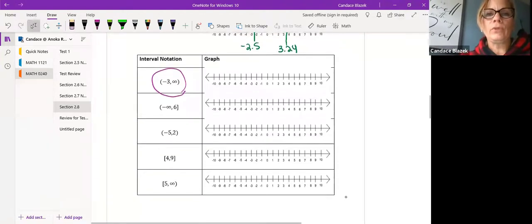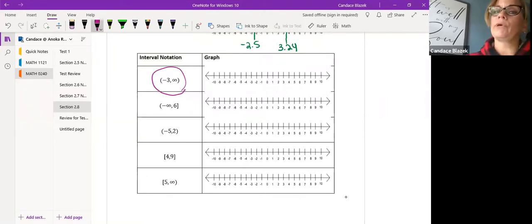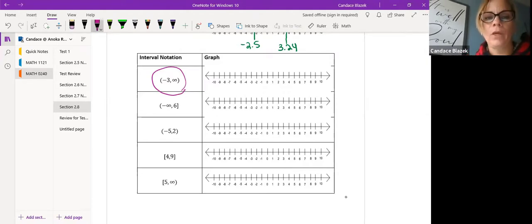With interval notation, we have the curved parenthesis, which we looked at when we were graphing the other ones, and it means you do not include that endpoint. We have a square bracket that you'll see in the next example, and that means we would include that endpoint. So we would include 6 here.